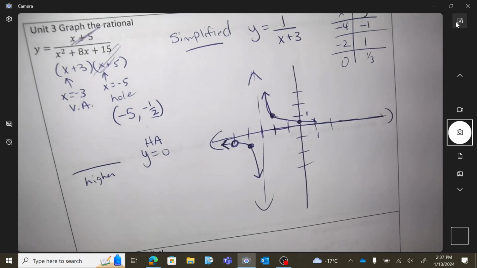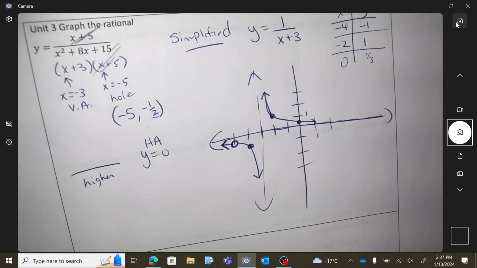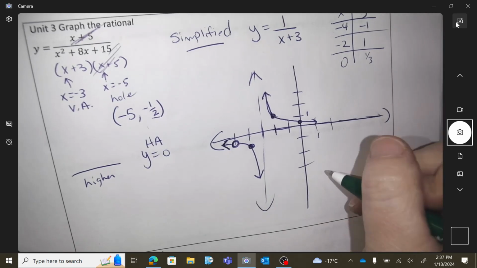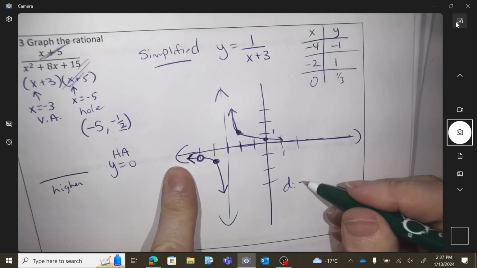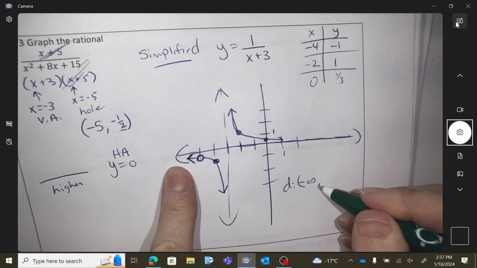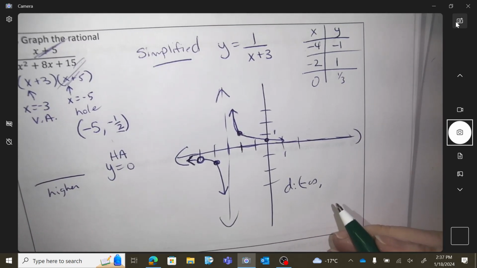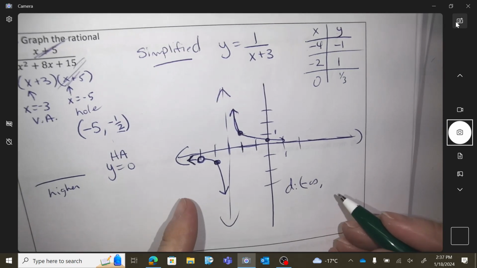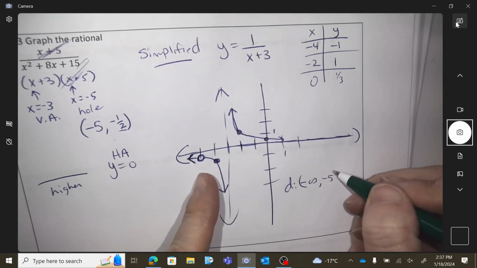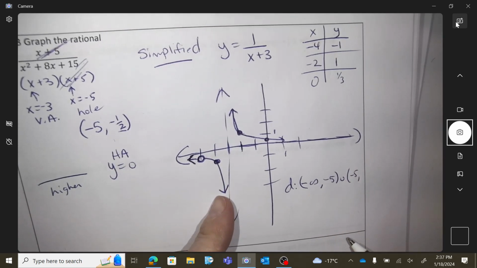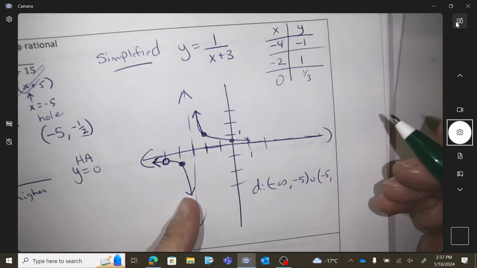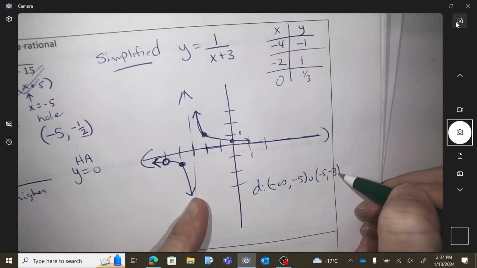Domain and range, you might be asked questions related to that stuff. So domain, you can go here, and then the first time you make a skip over a number is at -5. And then you continue again up to -3.